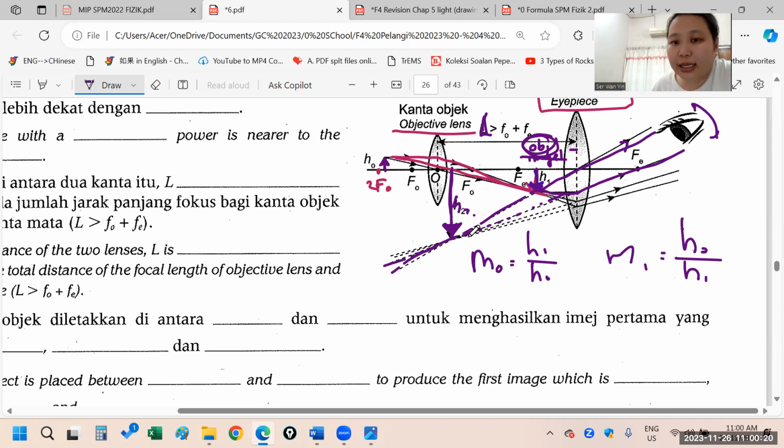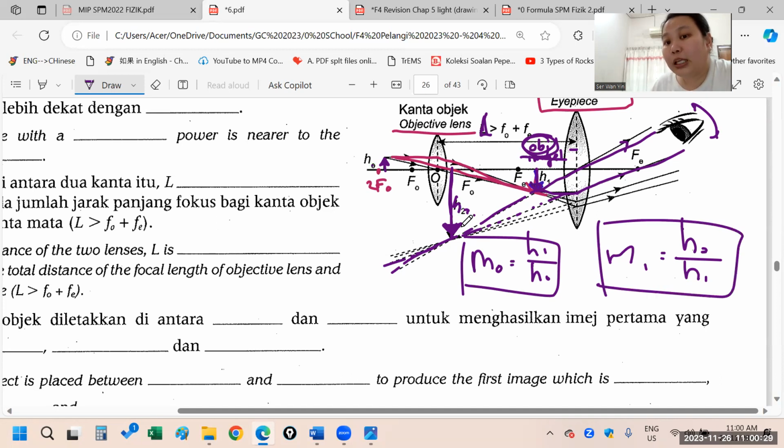So the magnification has one time, original and H1. Then the second time, image divided by this object. Second time, H2 divided by H1. Okay, never mind.